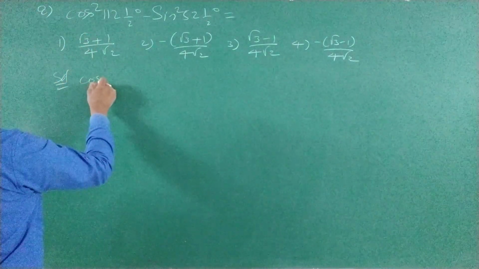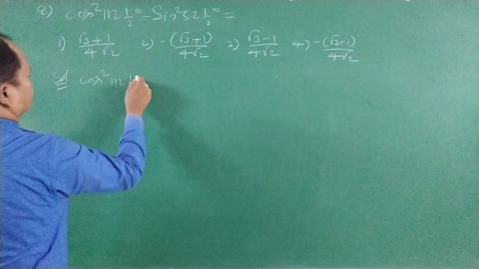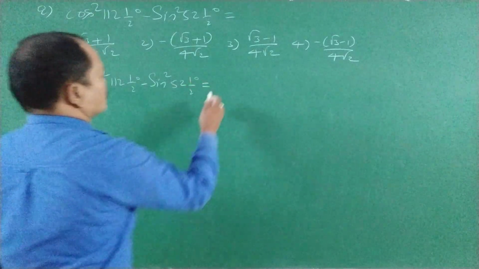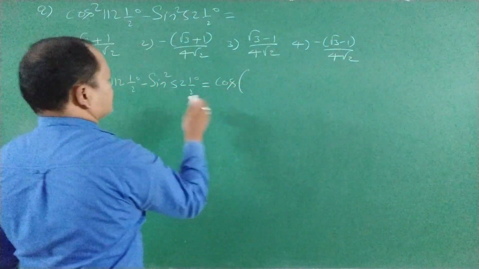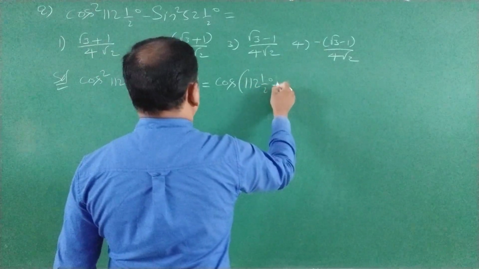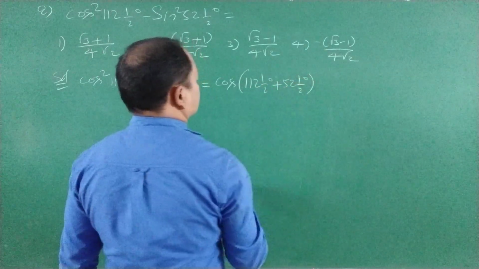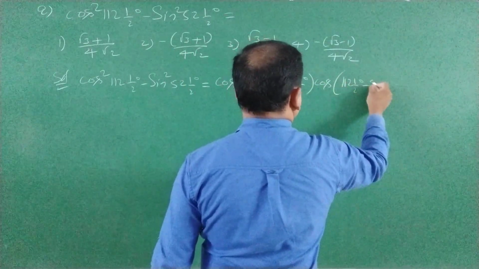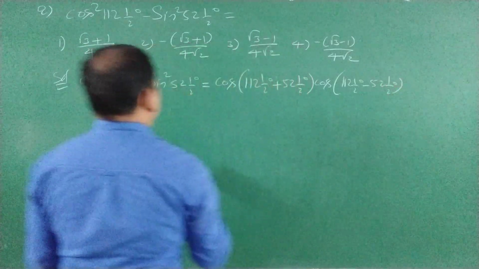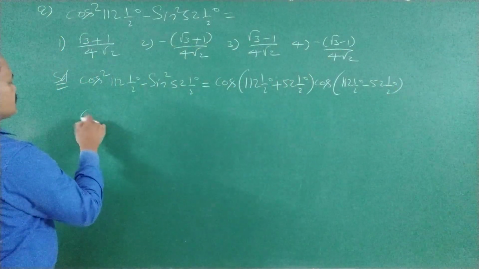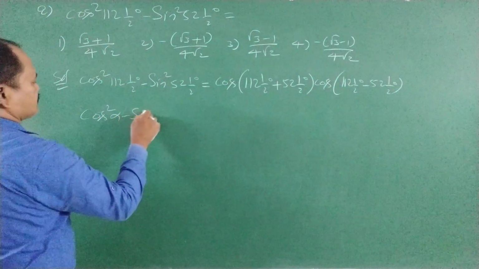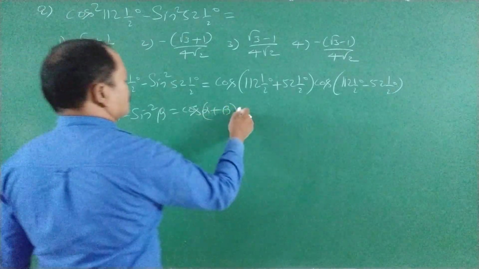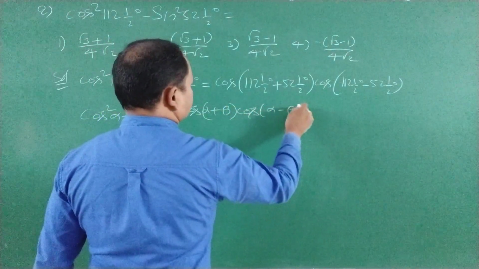Take cos square 112 and a half degrees minus sin square 52 and a half degrees, which is equal to cos (112 and a half degrees plus 52 and a half degrees) into cos (112 and a half degrees minus 52 and a half degrees). That's why the formula is cos square alpha minus sin square beta is cos (alpha plus beta) into cos (alpha minus beta).